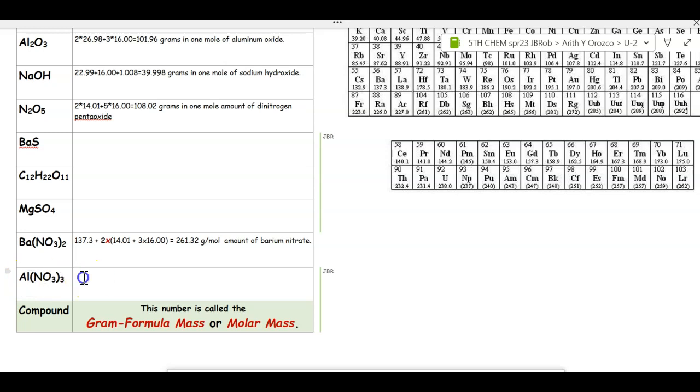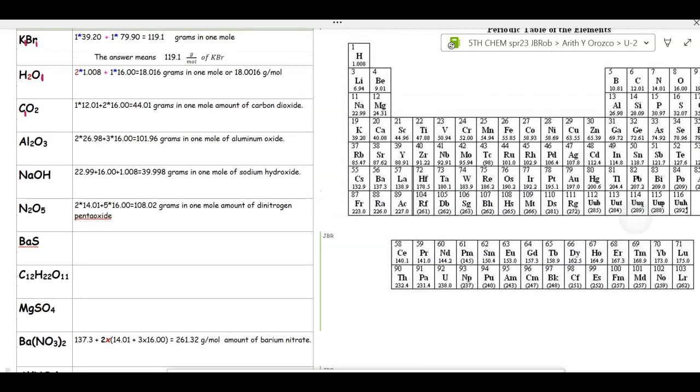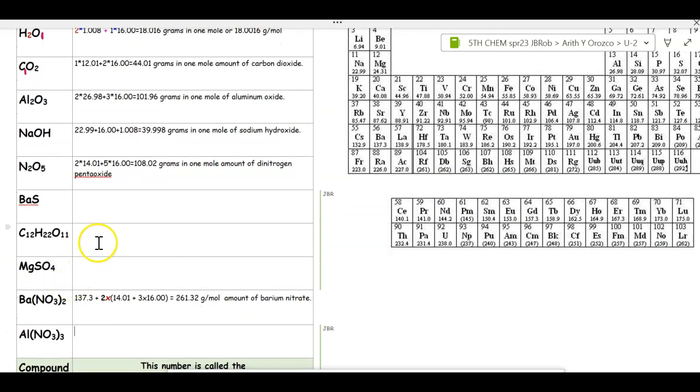So down here with aluminum, we would be doing the same thing. Aluminum has a mass of 26.98, and there's just one, 26.98, but we have 3 of those NO3 units. So plus 3 times, and you have to put the asterisk. All right, now we put 14.01 plus 3 times oxygen, 16.00.